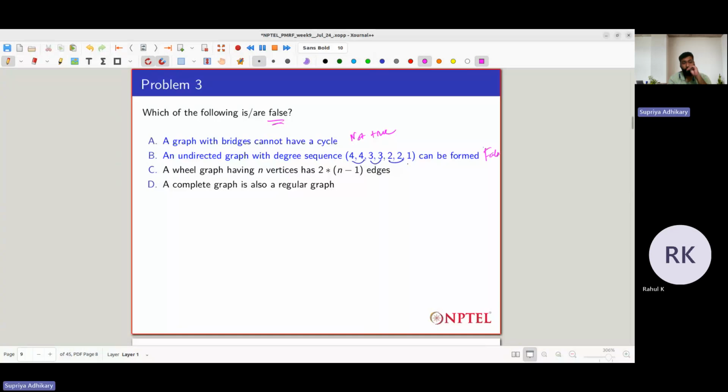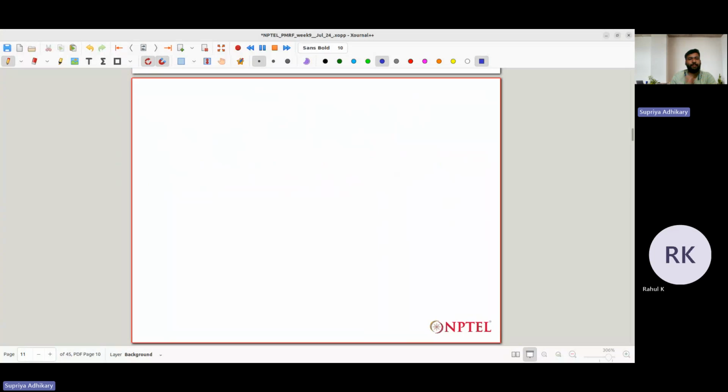What about the third statement over here? The third statement says that a wheel graph having n vertices has twice of n minus 1 edges. So consider a wheel graph.